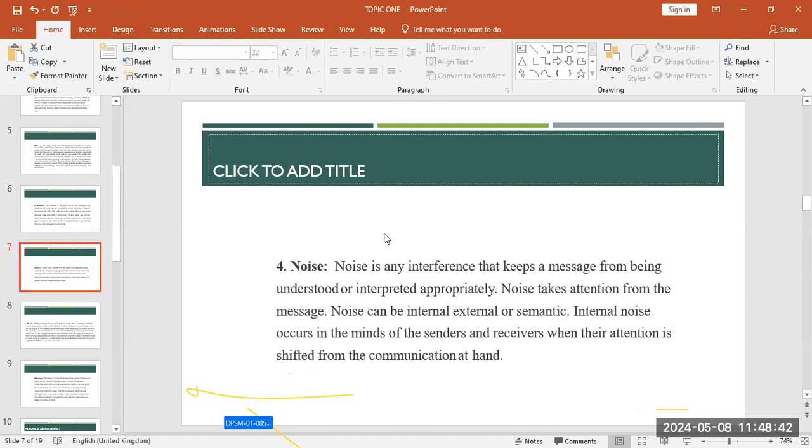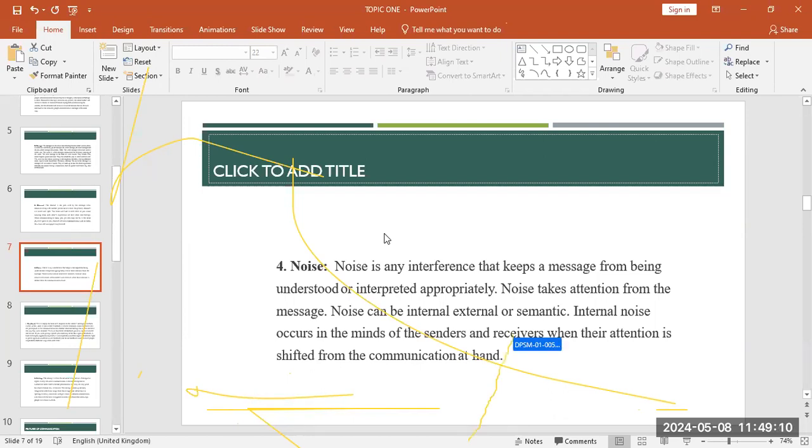For example, we have physical noise. Physical noise can be maybe hooting. The person who is drawing on our screen, can you stop that? It shows how idle you are. You are supposed to have your book and your pen.